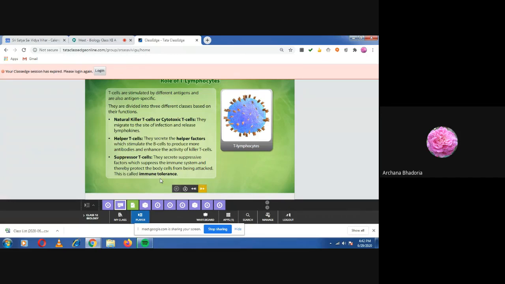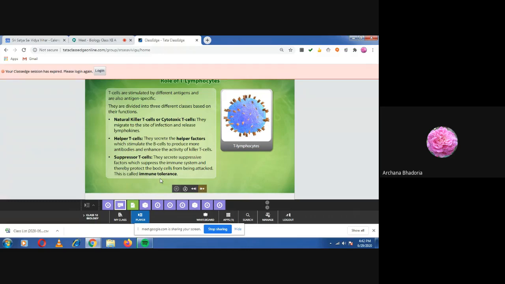They can attack the body's own cells. So the suppressor T cells will not allow the immune system to attack the own cells. This way they are protecting the body cells from being attacked. So this is known as immune tolerance.